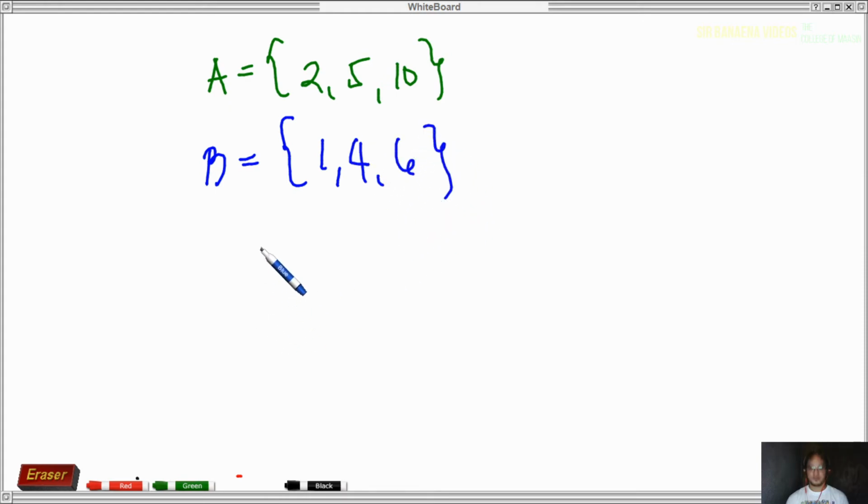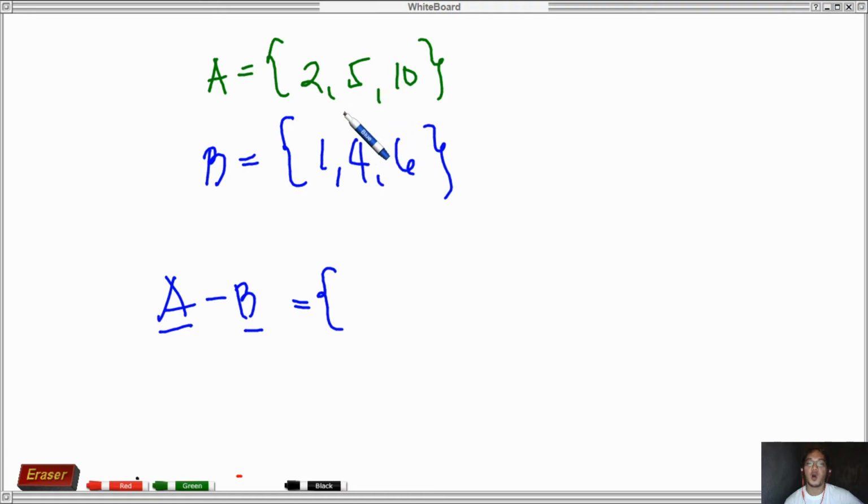Okay, let's find the difference of sets A and B. Notice what is written first is A. Then A is the cookie eaten by B, which is the eater, because B is written next to A. We will watch what is left of A after B eats. Now, A has elements 2, 5, 10. B has elements 1, 4, and 6. Do they have an intersecting element?